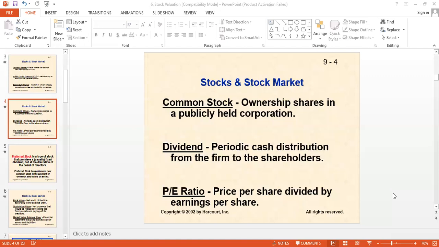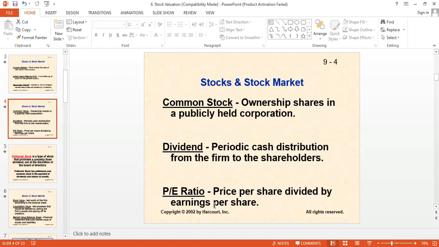The formula mentioned in front of it is price per share divided by earnings per share. Take the total earning of an organization and divide it by total outstanding shares, so you will be getting earnings per share. Earnings per share, in short, is known as EPS.